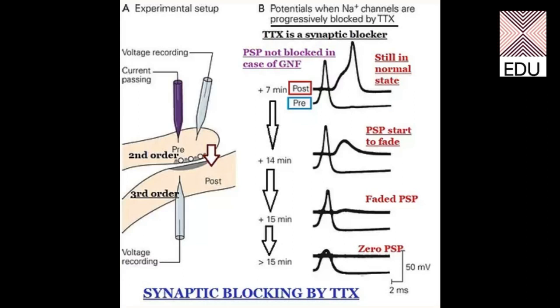So it takes time. How much time? It takes more than 15 minutes to block that particular synapse. So that was the case of the synaptic blocking by the TTX in the squid second and third grade axons. So students, that was about the mantle ganglion of the squid.